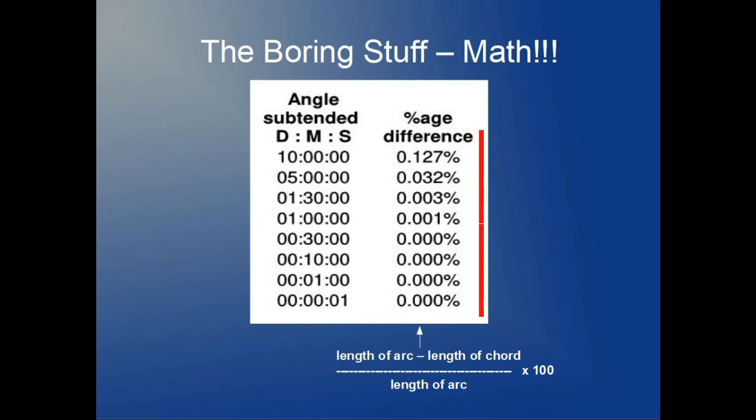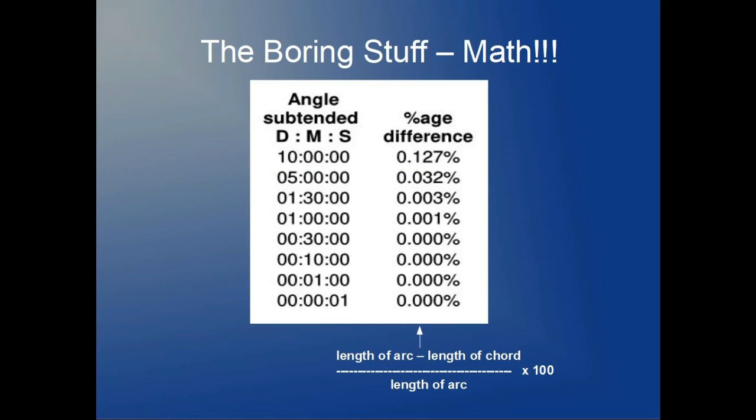This difference is expressed as a percentage of one of the methods used. It doesn't matter which one, and the precision is given to 1/1000th of a percentage point. As you can see, nothing appears in this difference column until you get to an angle of 1 degree of sky, when the difference is 1/1000th of a percent. And even at an angle of 10 degrees of sky, the difference is only about 1/8 of a percent.